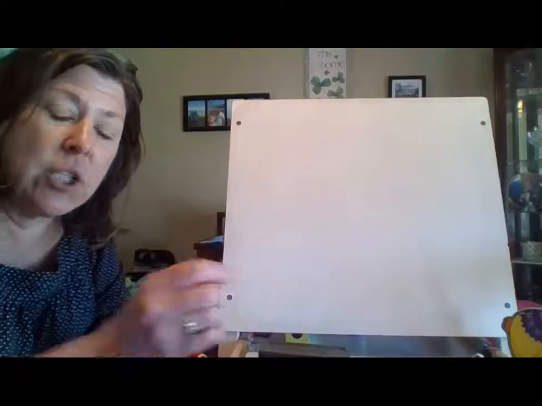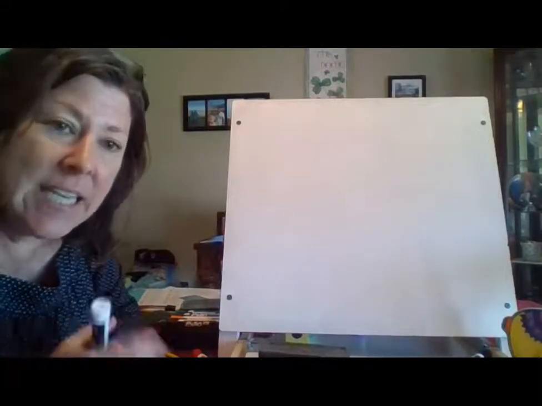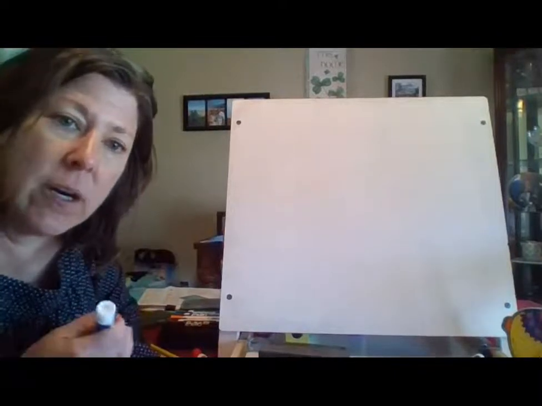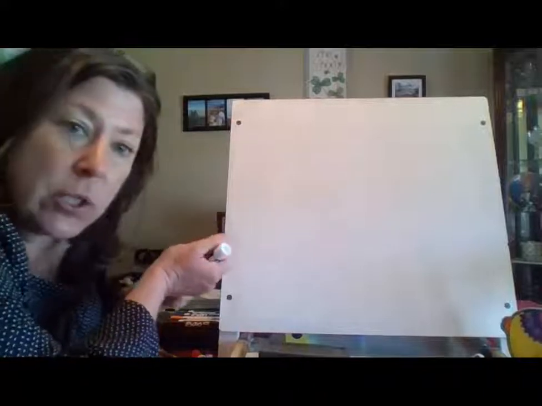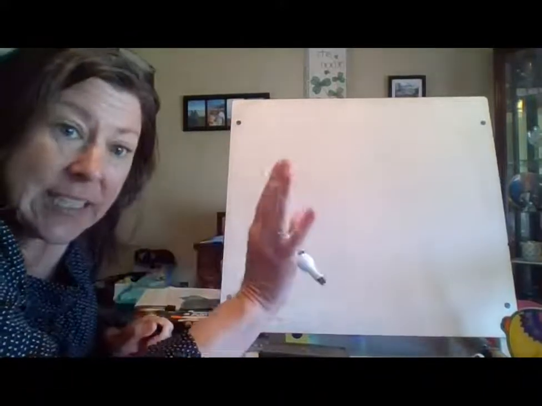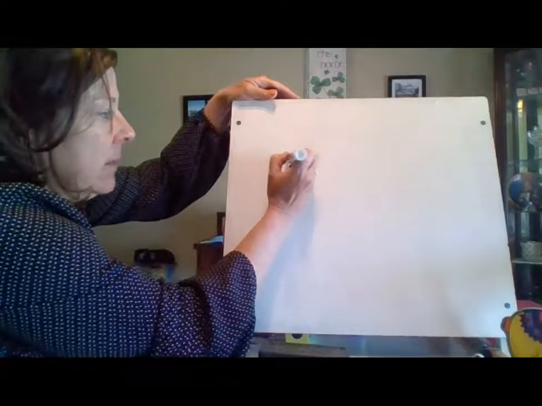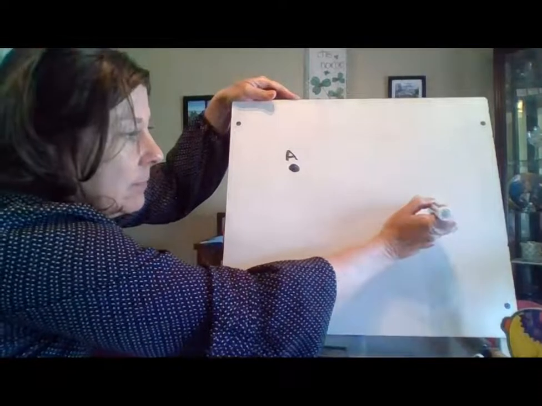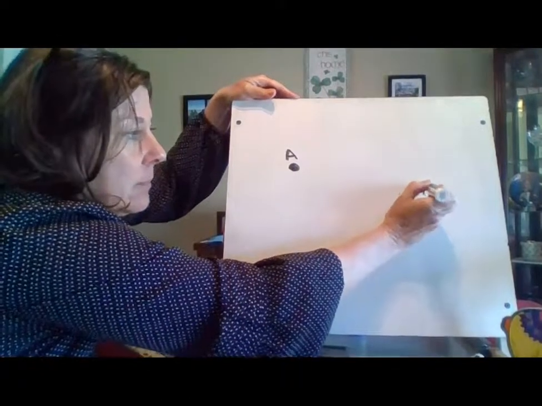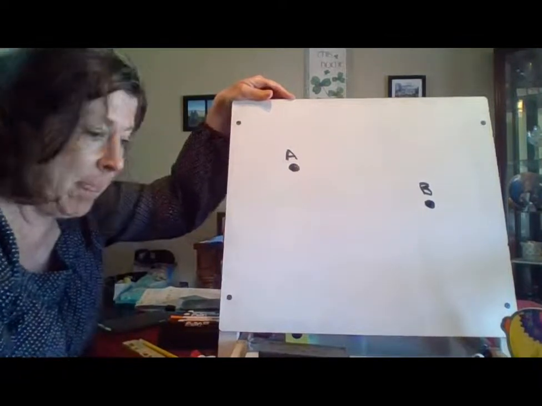The first direction is to draw 2 points, A and B. It does not matter where the 2 points are as long as they're separated. So yours does not have to be exactly like mine. Here's my point A, and my point B, and make sure that you name them.